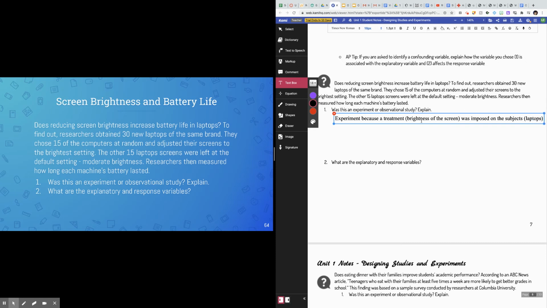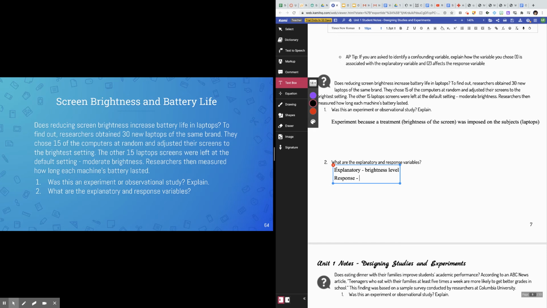Then we have: what are the explanatory and response variables? The explanatory variable is what you changed as the scientist, so you changed the brightness level. And the response variable is what you measured as the scientist, so you measured battery life.